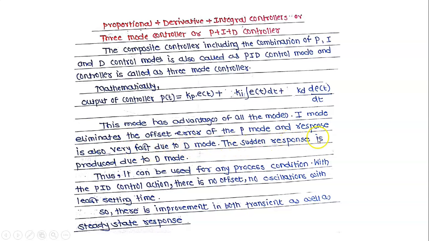The sudden response is produced due to the D mode. Thus, it can be used for any process condition with PID control action. There is no offset, no oscillations, with the least settling time, so there is improvement in both transient as well as steady state response.